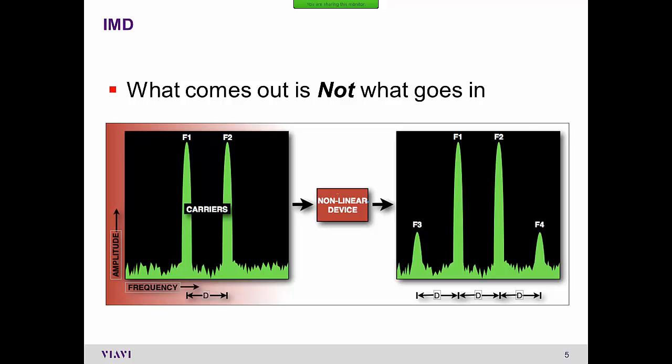Signals are injected into a device, and this device, if it's nonlinear, produces these other signals that appear above and below the original signals. And so that's referred to as nonlinear. And what went in is not the only thing that's coming out. Hopefully that makes sense.